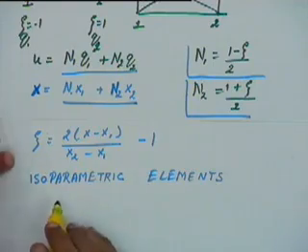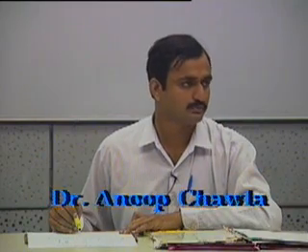In fact, we will notice that when you go into 2D problems, 2D and higher dimensional problems, we will prefer to use isoparametric elements in a number of situations. Okay, that simplifies the formulation to a certain extent. We will be seeing in 2-dimensional problems how that happens.